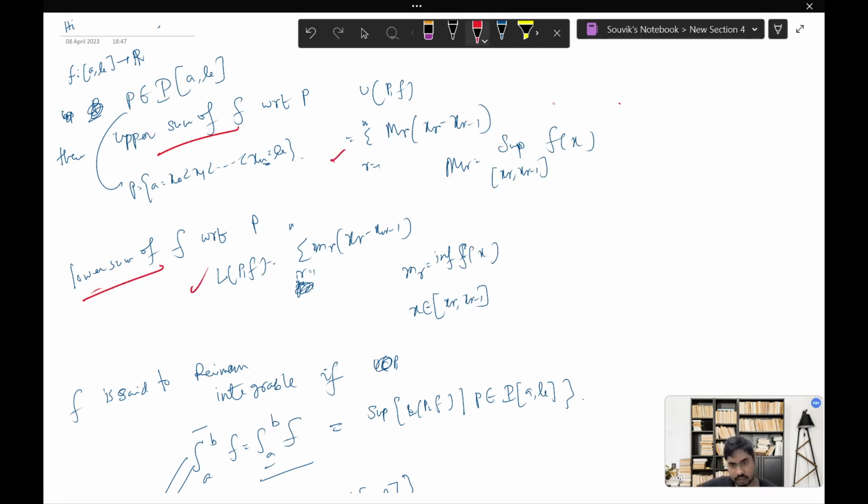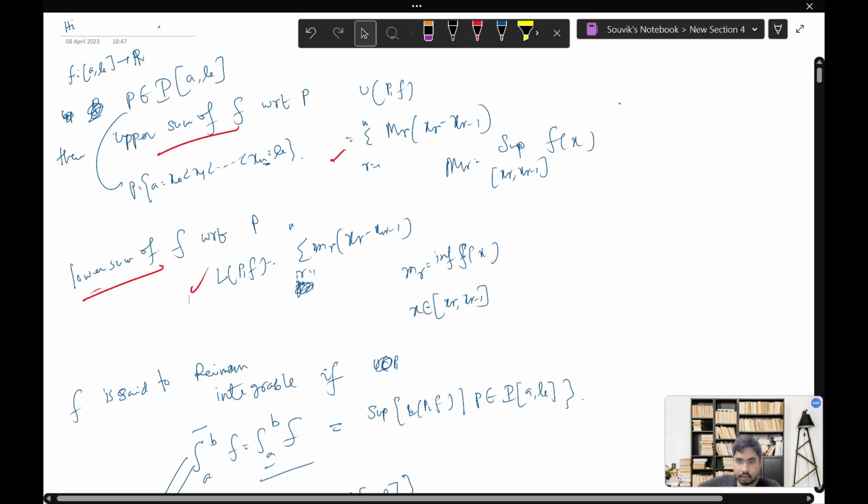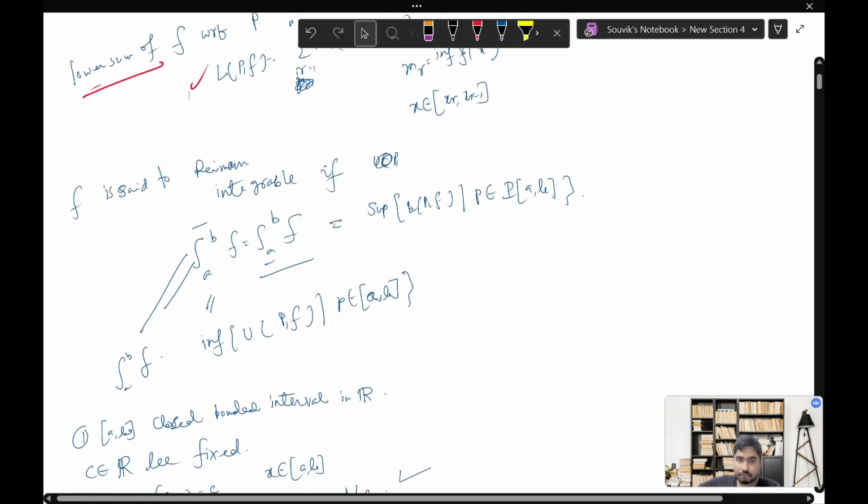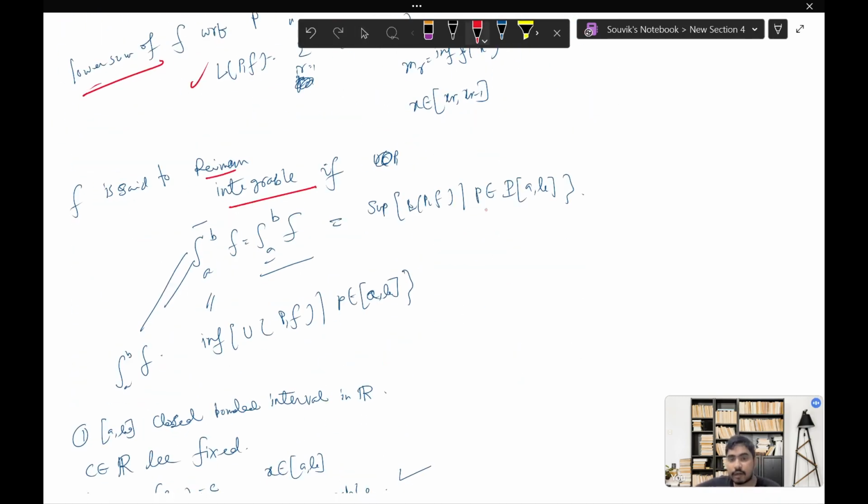We introduced the fact that a function is said to be Riemann integrable if this holds.